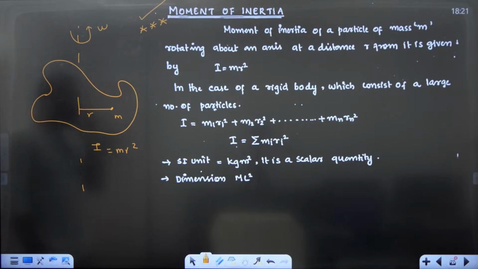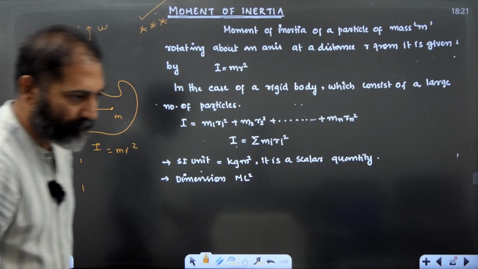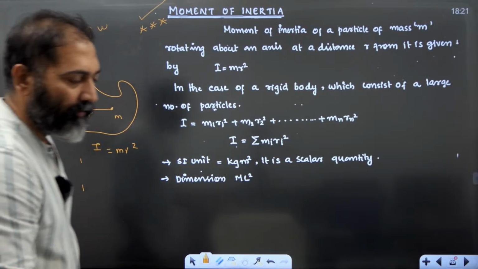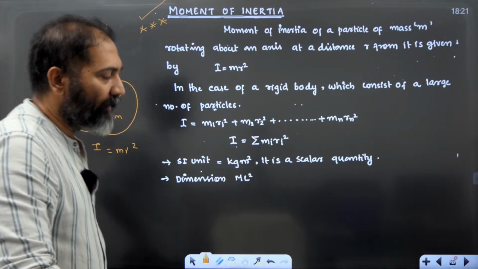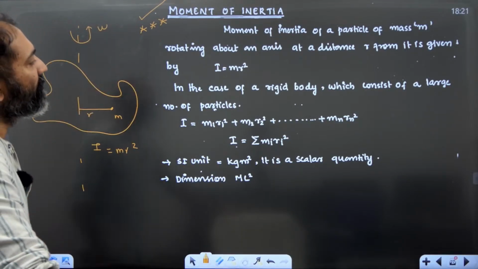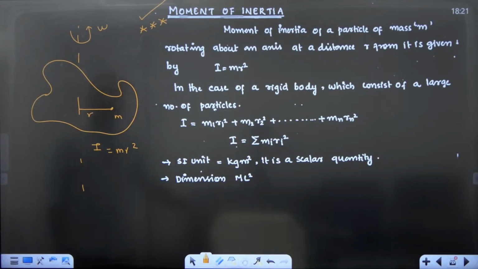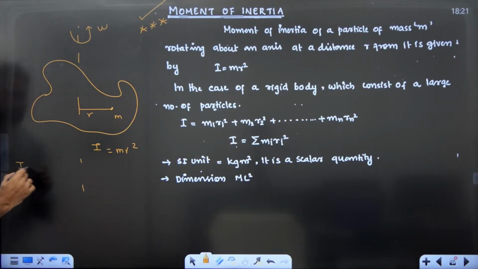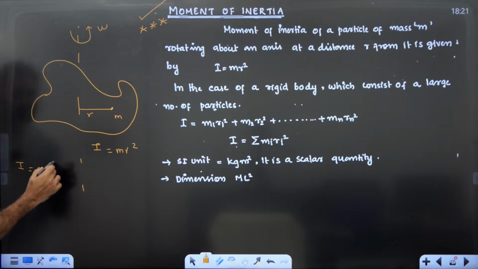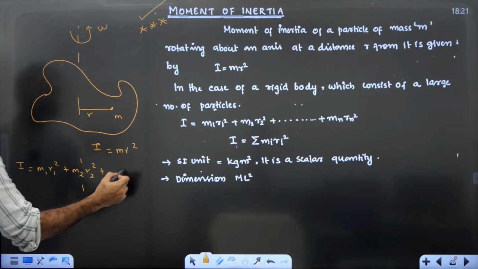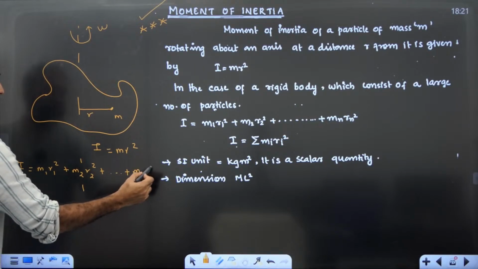In the case of a rigid body which consists of a large number of particles, what will be the total moment of inertia? I is equal to m1r1 square plus m2r2 square plus and so on, plus mn rn square.